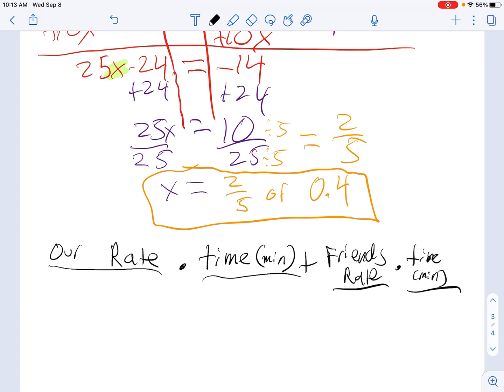And then he also has time in minutes, which is going to equal, I'm running out of room, cars washed.